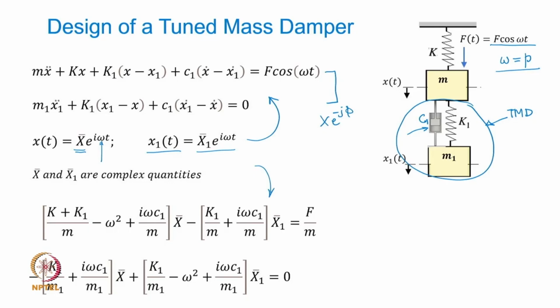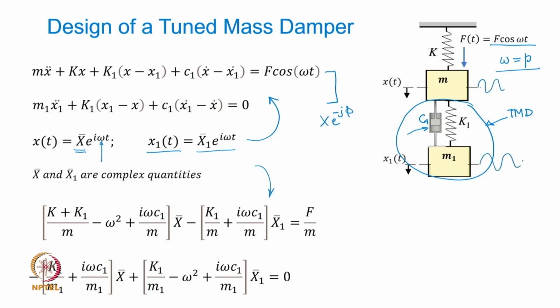Now, with these equations, as we have been doing, we have to get an expression for x bar and x1 bar. These are basically going to give you the amplitudes of the response of the primary system and the secondary system.